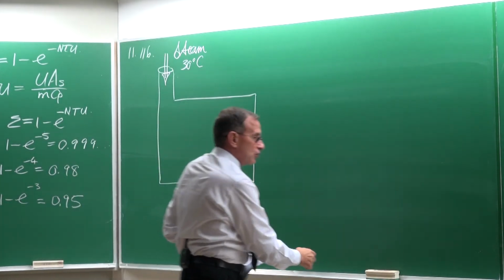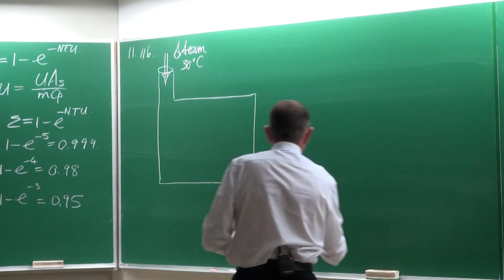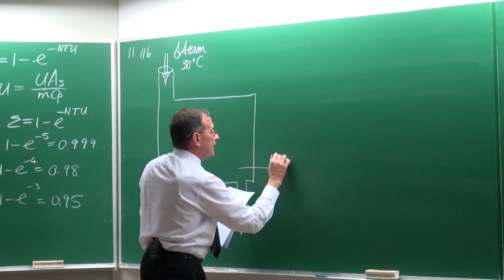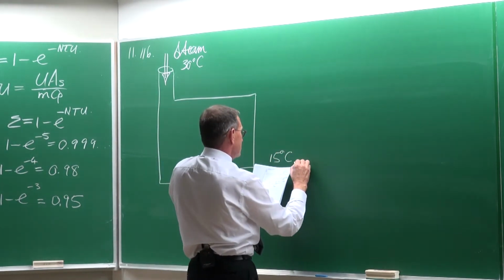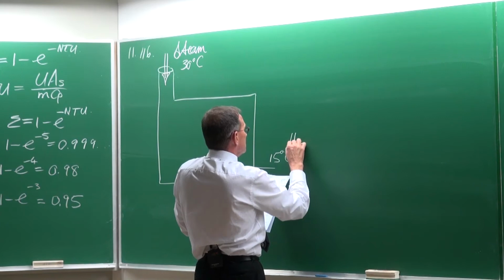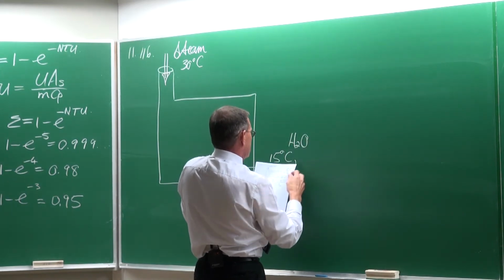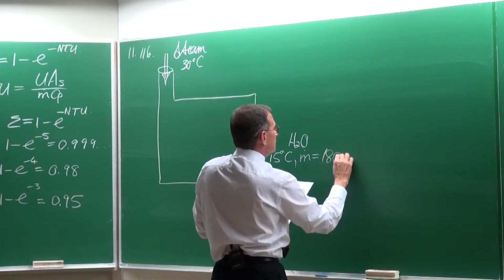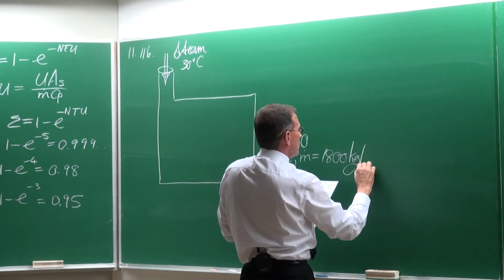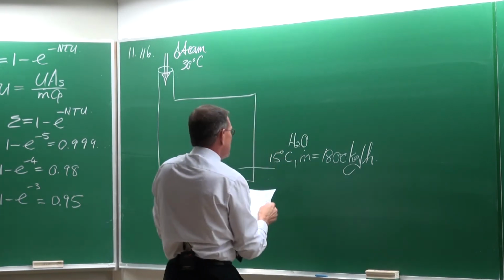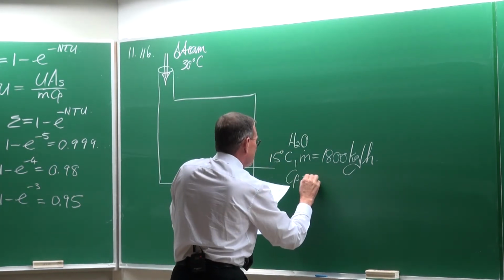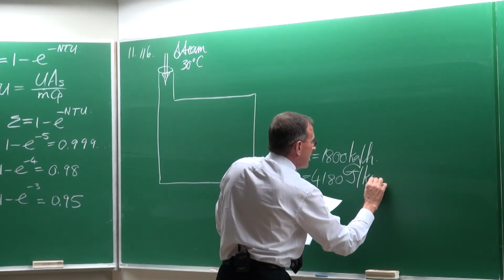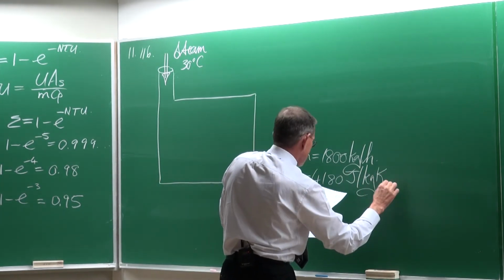And here we're going to have the water, and the water is going to enter at 15 degrees Celsius. It's water, and its mass flow rate is 1,800 kilograms per hour. Its CP value is given for us as 4180 joules per kilogram Kelvin.